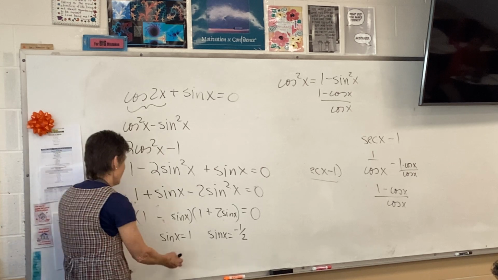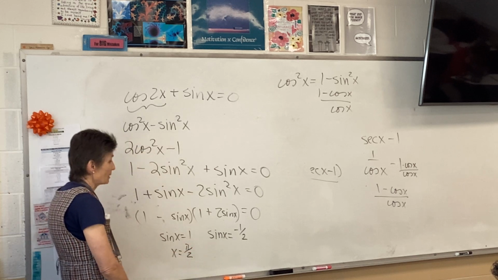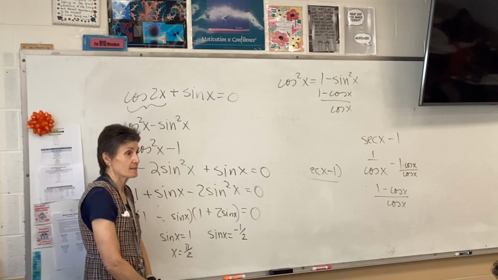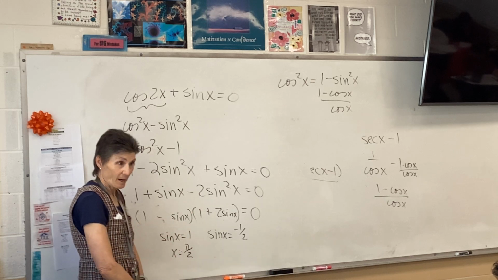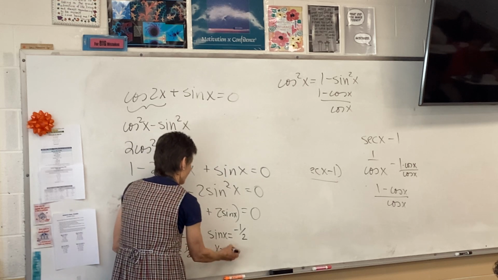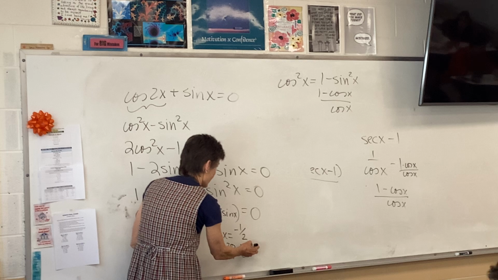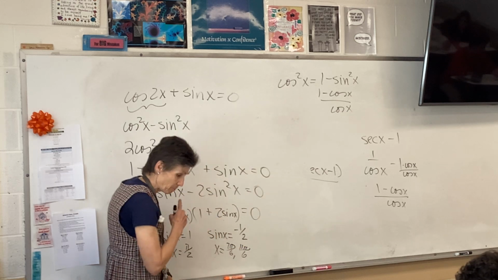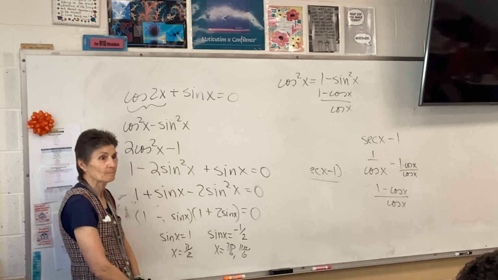At pi over 2. You also know where the sine is -1/2. It's a pi over 6 down below, so it'll be 7 pi over 6 or 11 pi over 6. Did that problem have a domain on it? Yeah, so that's it, we're done.